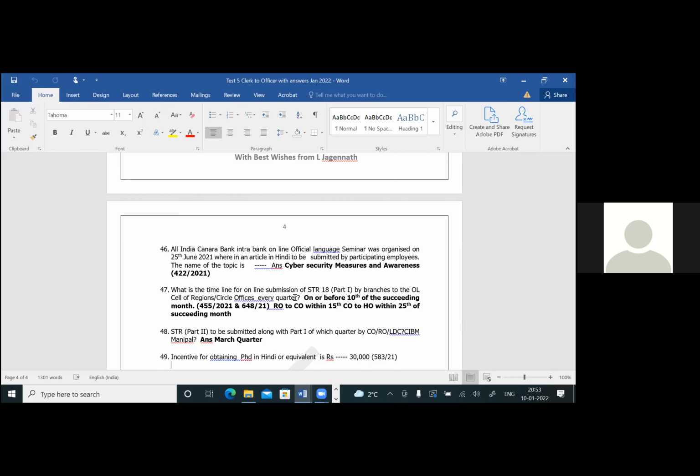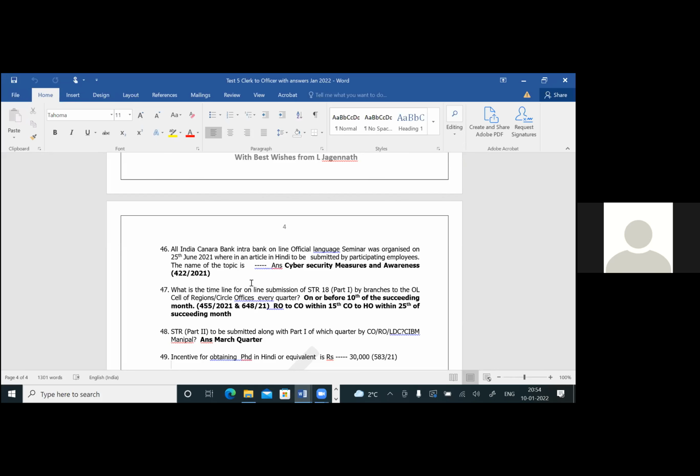Part 2 is to be submitted by certain administrative units along with the March quarter. Branches have to submit only part 1 online in the SAS package every quarter. Part 2 is to be submitted by certain administrative officers, not for all quarters, only along with the March quarter.